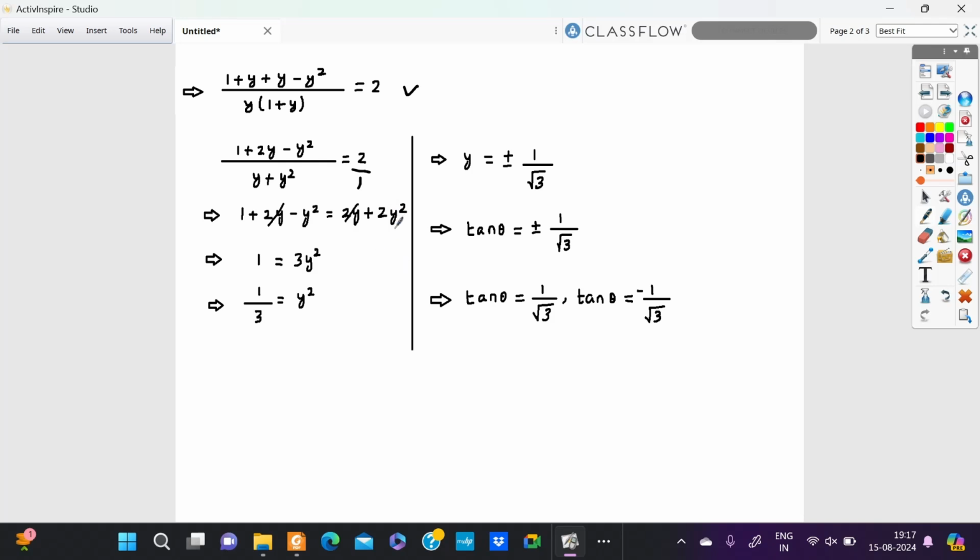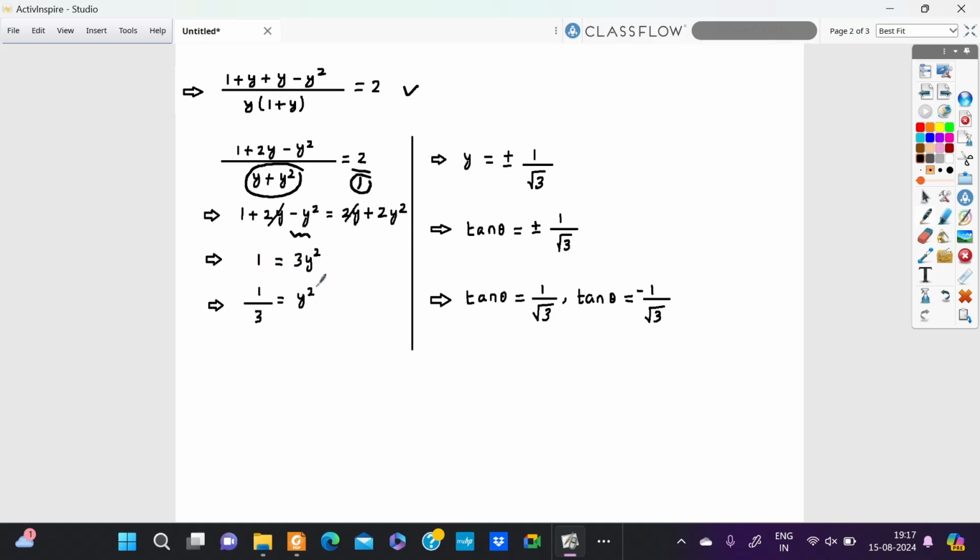I hope you know that the cross product could be done only when you have a single denominator on the left hand side and a single denominator on the right hand side. So now I could just cancel 2y on the left hand side and right hand side, and the left becomes 0. Just move this negative y square to the right hand side and it becomes positive y square. Already we have 2y square existing on the right hand side, so it becomes 2y square plus y square, which gives us 3y square, which is equal to 1 on the left hand side.